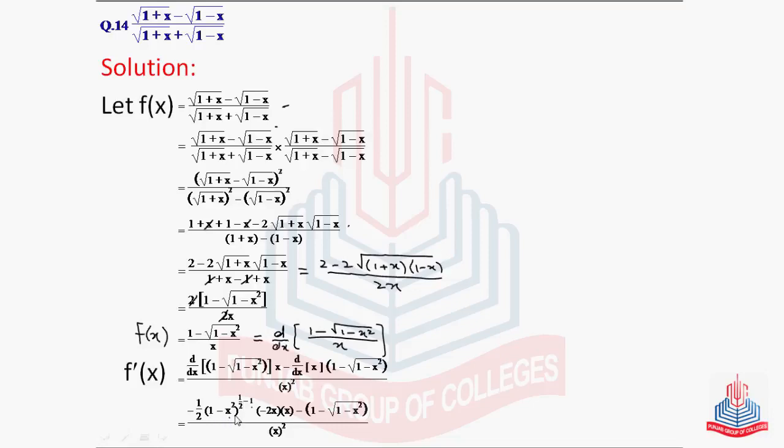So derivative of 1 will be 0 and derivative of x square will be 2x. This minus sign is as it is. This x is not under differentiation, so that will be as it is, minus derivative of x will be 1, so we have only this expression, which is 1 minus square root of 1 minus x square.